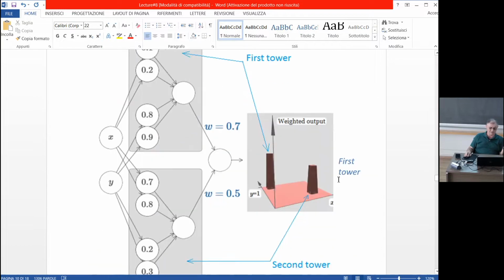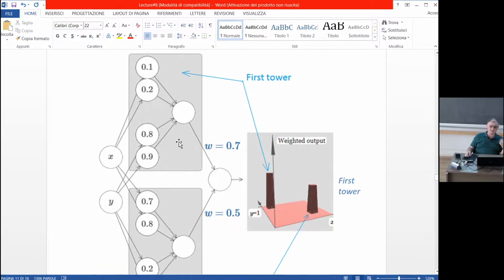Very simple. We consider two blocks, two models of our network, network 1 and network 2. Network 1 is responsible for the first tower. And it perfectly annulates, squashes the base, yes, the cross base for the first tower.